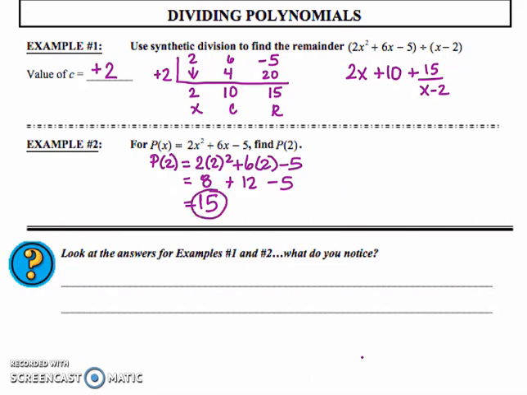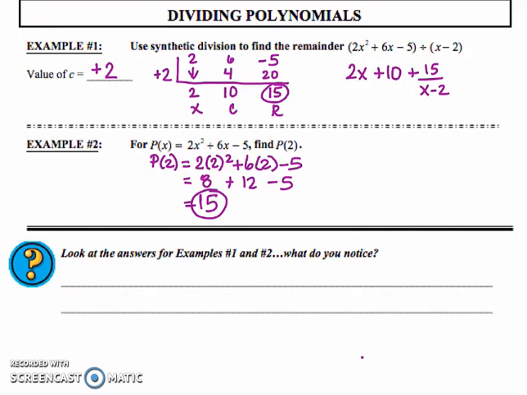Interesting. Okay? So I want to point something out to you. When we divided that polynomial p of x by x minus 2, we had a remainder of 15. When we substituted in 2 for x, the value that we got was 15.